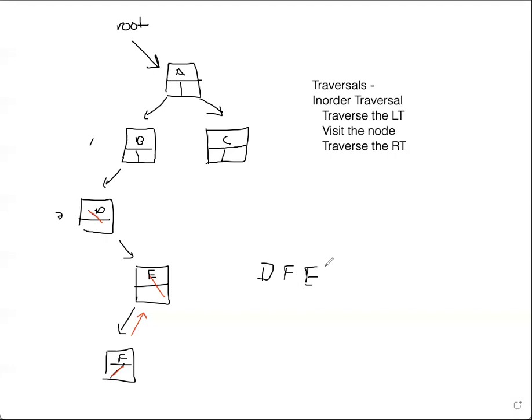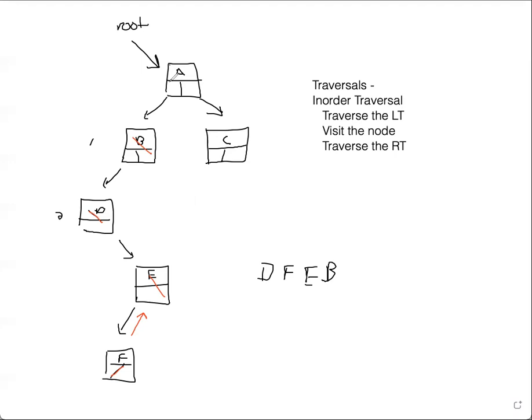So now we can visit the node, B. Then I'm able to mark that one. We then try to traverse the right. There is no right.